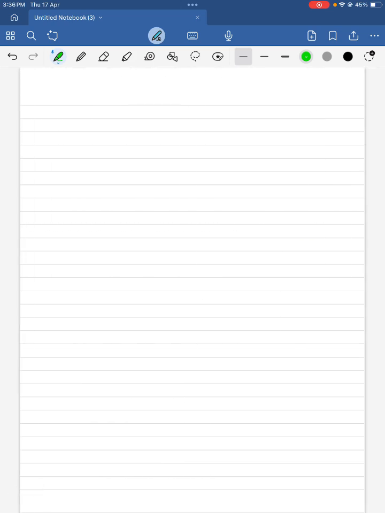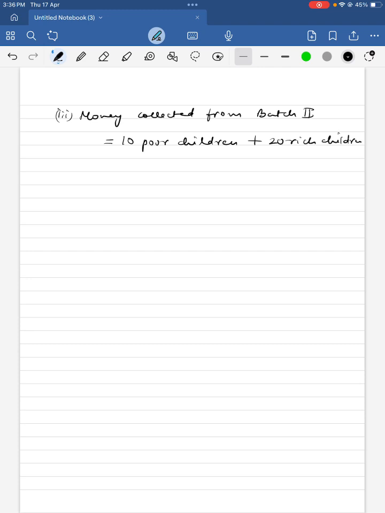Okay, so in order to find out the money collected from batch 2 will be equal to, because there are 10 poor children and 20 rich children. Okay, so this is the number of children in batch 2 right now.